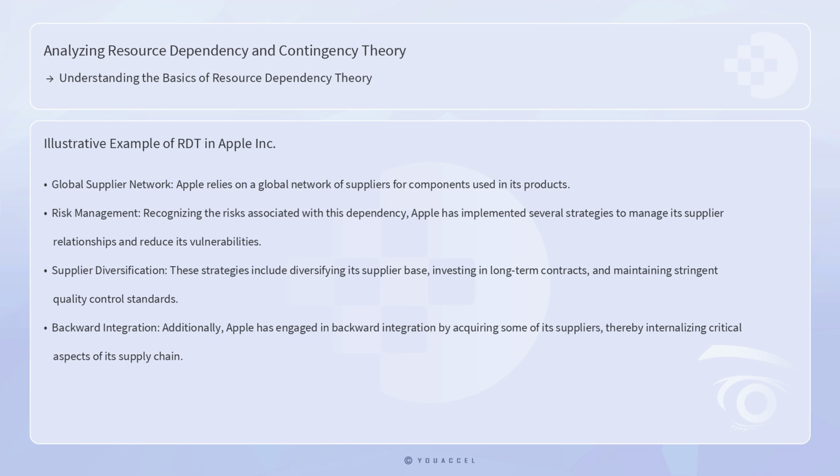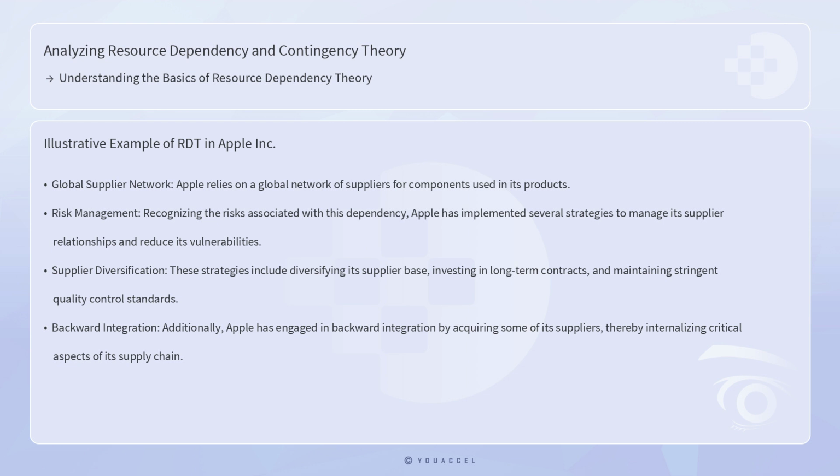An illustrative example of RDT in action is the case of Apple Inc. and its relationship with suppliers. Apple relies on a global network of suppliers for components used in its products. Recognizing the risks associated with this dependency, Apple has implemented several strategies to manage its supplier relationships and reduce its vulnerabilities.